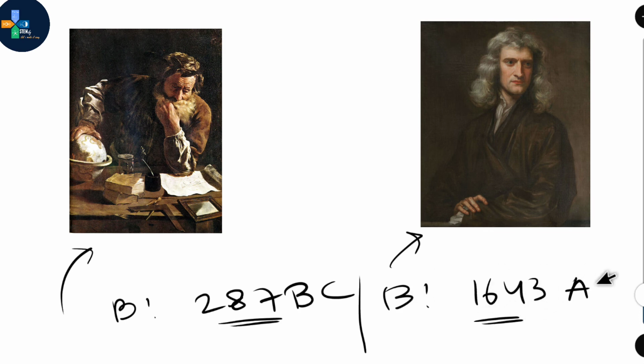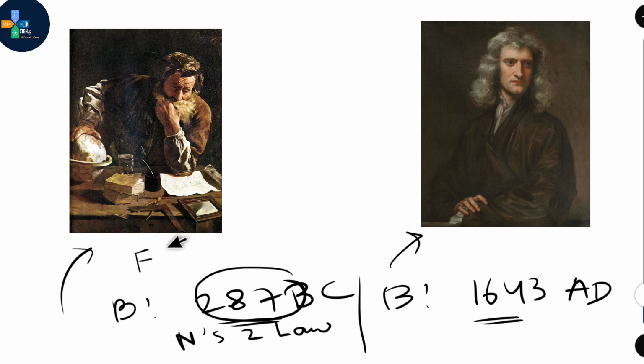This is AD. So you can clearly see that Archimedes never had Newton's first law, second law, third law, whatever laws Newton discovered. He didn't have the laws of motion or the laws of gravity. He didn't have the definition of force that we have today, nor the idea of measuring force as we do from Newton's second law.